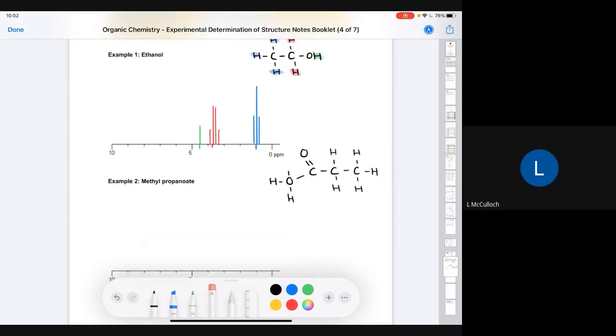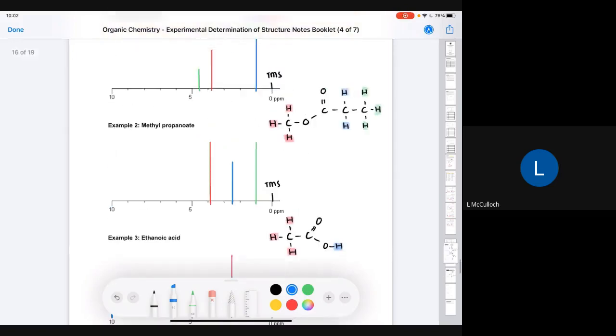Let's actually sort that out. There we go, that's better. All right, so we've got our diagram for our methyl propanoate, and again, we shall just highlight our hydrogens that are in different environments, because that's always going to be your go-to move, because it'll tell you how many different peaks you're going to need.